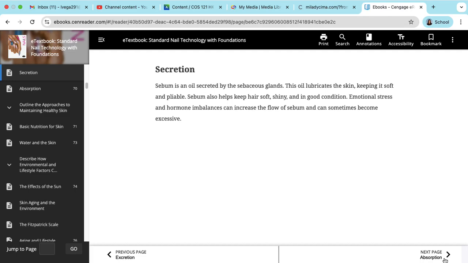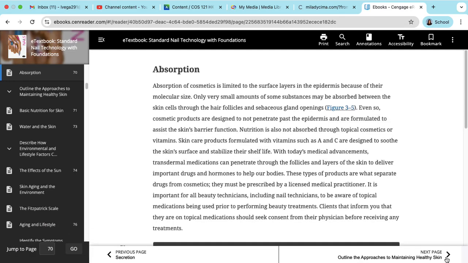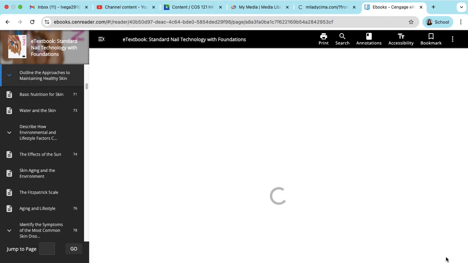Secretion is sebum. It's an oil secreted by the sebaceous glands. Absorption is how we absorb substances through our skin.